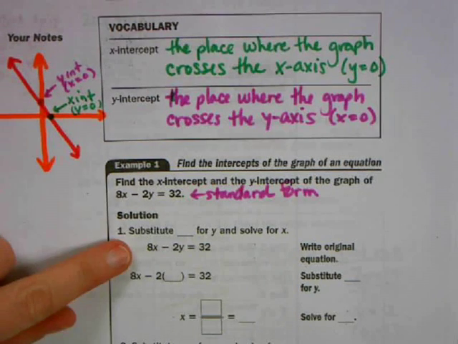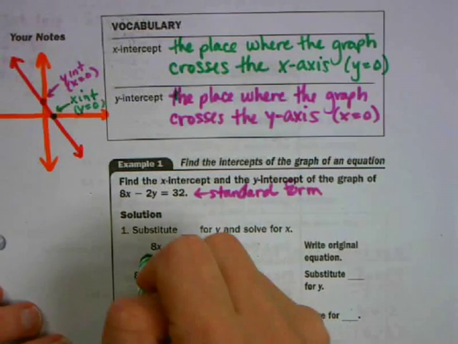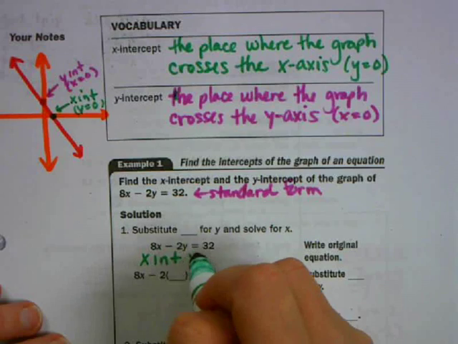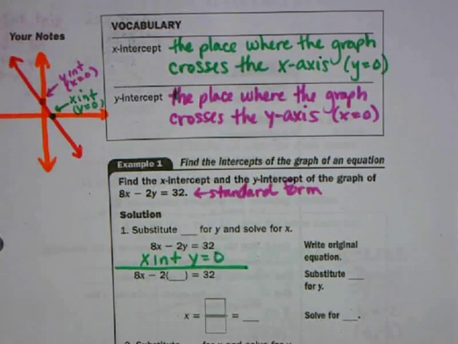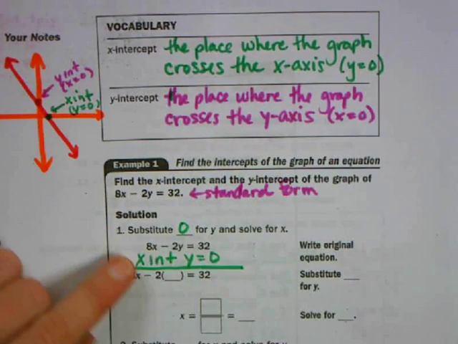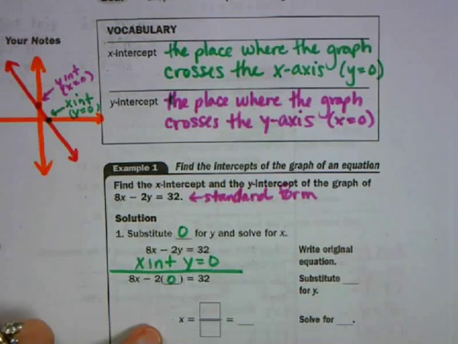In this one, I'm first going to look for the x-intercept. I'm going to give this a title of x-intercept down here where they have their work. If I'm looking for the x-intercept, I know y equals 0. So here's my heading for the work: substitute 0 for y and solve for x. Here's the equation, and instead of y, I'm going to write 0.